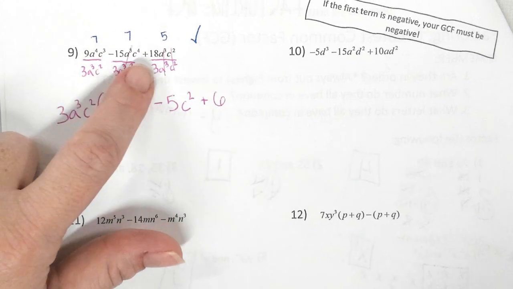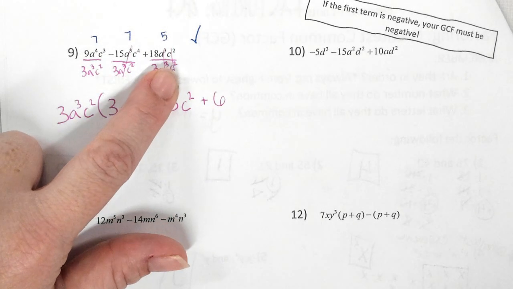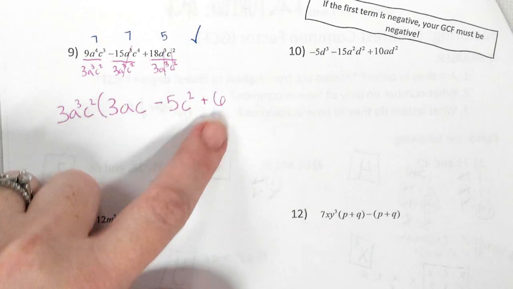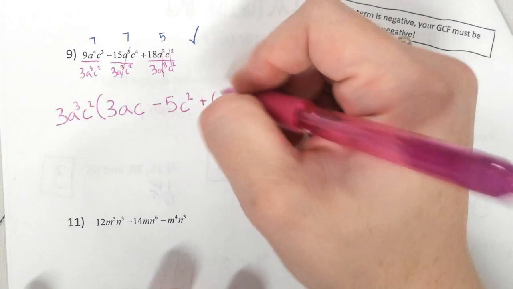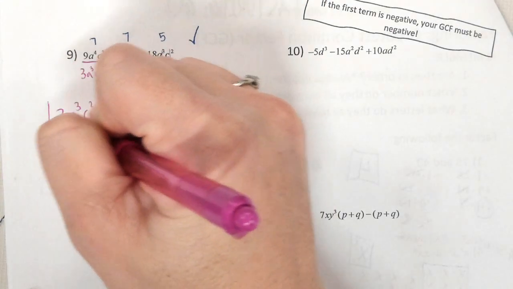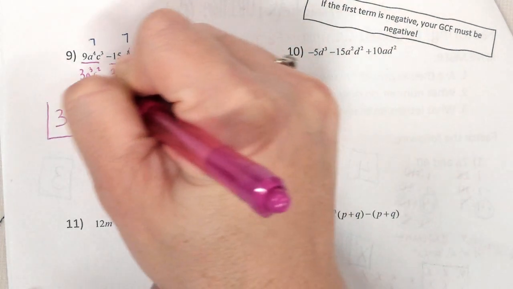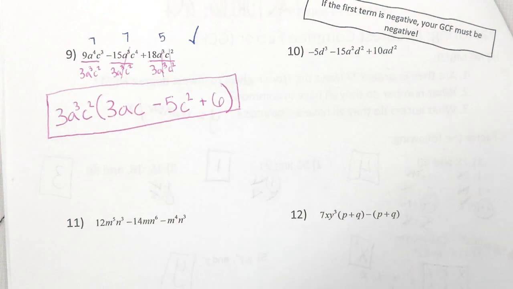Remember, that technically gives me 6 times 1 times 1. But what's 6 times 1? 6. So does it change anything when you cancel something? No. So you don't have to worry about it. So that's your answer. You just have to take it out. You have to keep it as an expression.